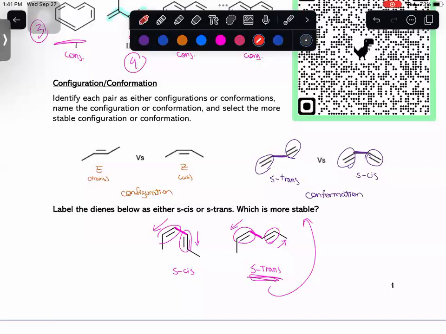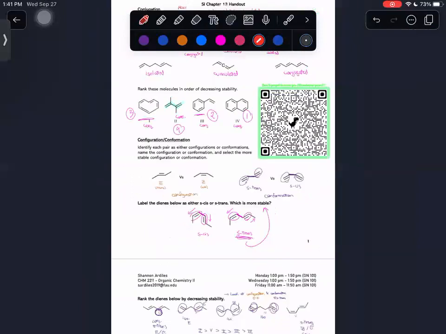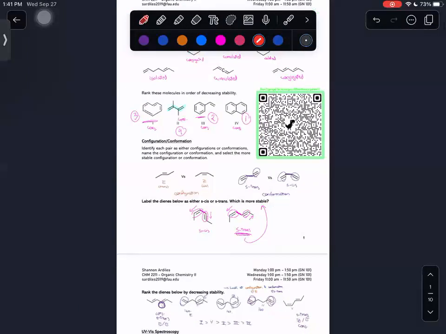Should be extra credit. I'm quizzing you guys. It's actually from the very beginning of chapter 7. We know that double bonds are more stable whenever they have more what? More substituents, exactly. The more alkyl groups you have, the more stable the double bond is going to be.